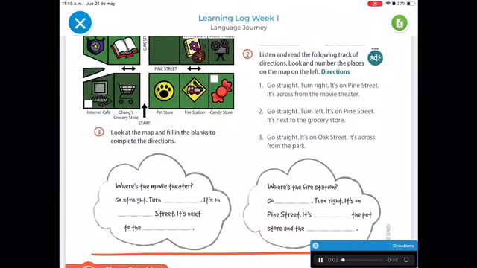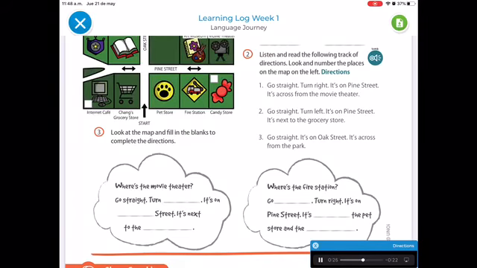Directions. 1. Go straight. Turn right. It's on Pine Street. It's across from the movie theater. 2. Go straight.